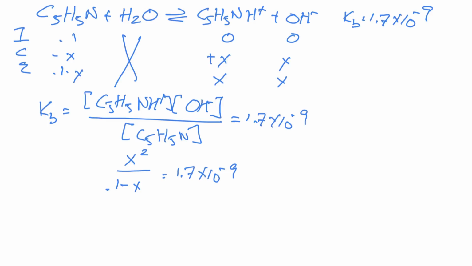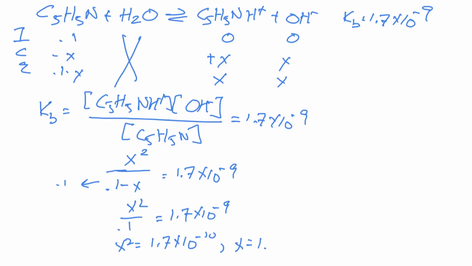I make the same assumption as before, that the x is going to be small in the denominator, so I replace 0.1 minus x with just 0.1. So x squared over 0.1 equals 1.7 times 10 to negative 9, which means x squared is 1.7 times 10 to negative 10. Solving for x, I get about 1.3 times 10 to negative 5.